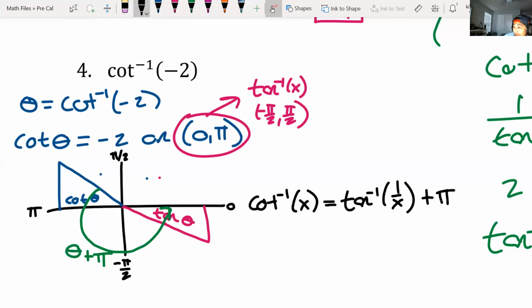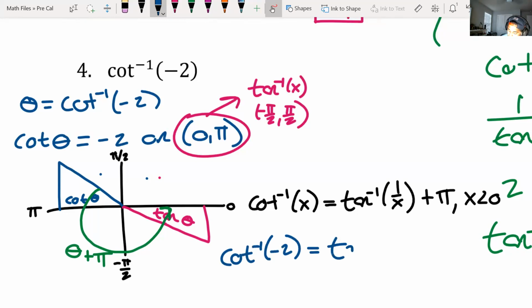But this can only happen if your values of x are negative. Crazy, huh? So let's try it out. You're going to get the inverse cotangent of -2, and you're going to type in your calculator the inverse tangent of 1 over -2 plus pi.